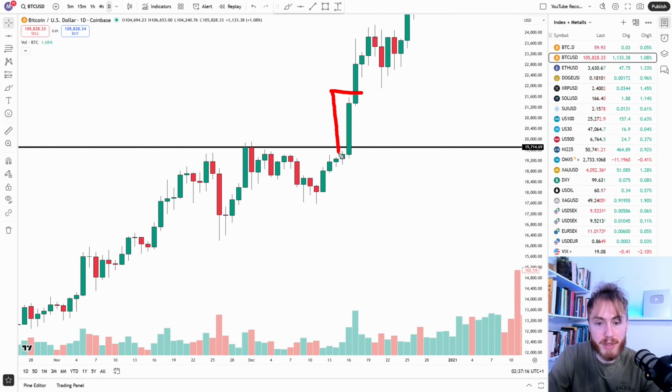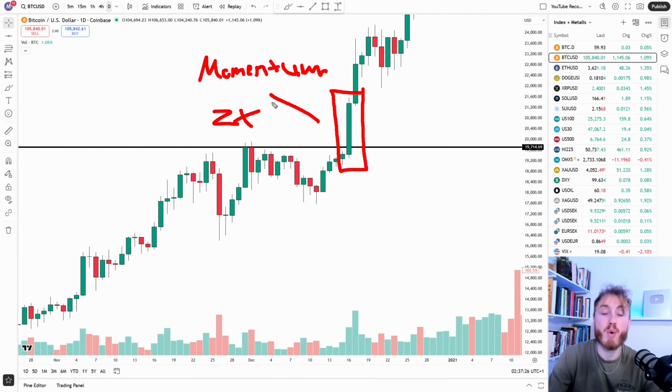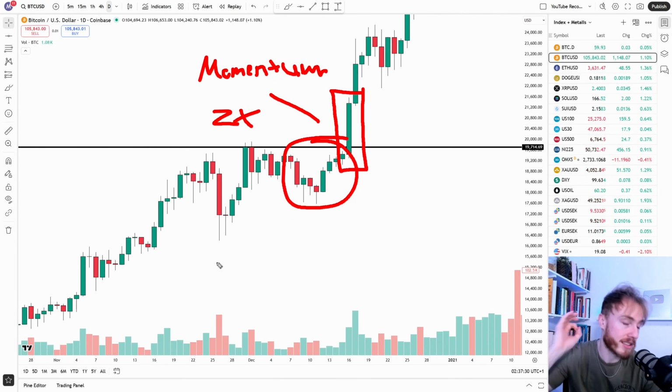First of all, right here, what type of candle is this? Well, this is a clear momentum candle, right? Because it's clearly more than twice the size of all of the previous candles right here. This is a super clear momentum candle.